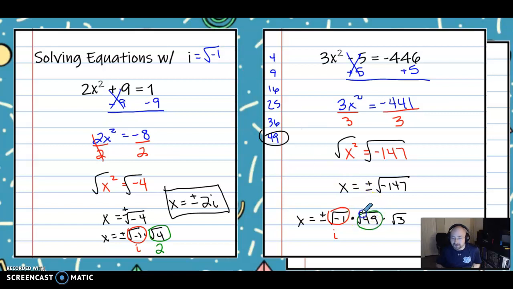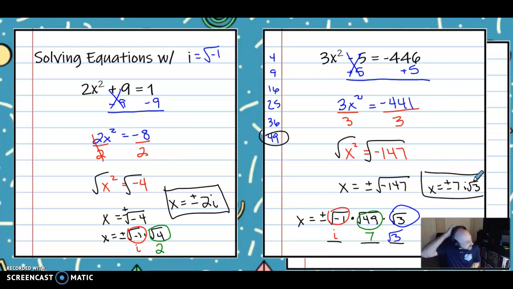In green, we've got the square root of 49, which is 7. And then remember, it's okay to still have kind of an ugly child in our problem here. We've got the radical 3 going on. And now for our final answer, we just put them in order: natural number, followed by i, followed by the square root of 3. Let me do that off to the side here. x equals plus or minus 7i radical 3.